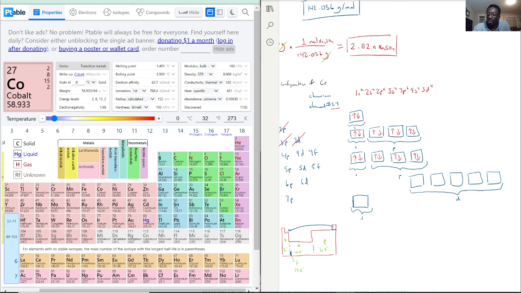Then we have 4s2, which is 1, 2, but we have 3d4, which is 1, 2, 3, 4.